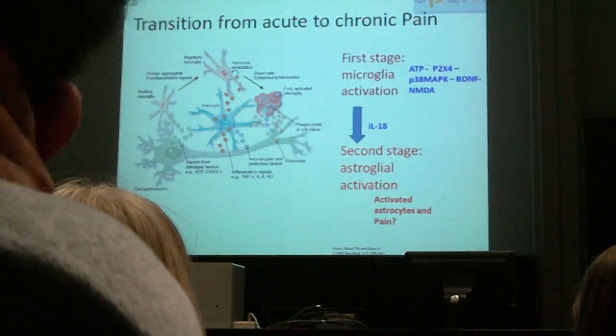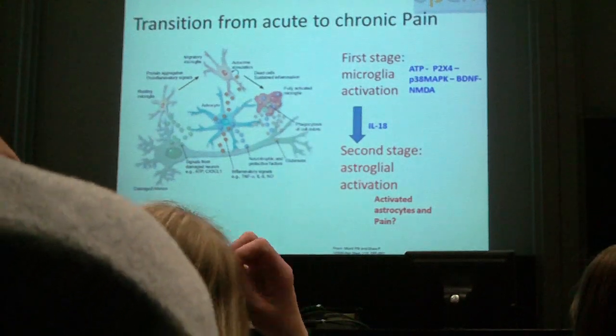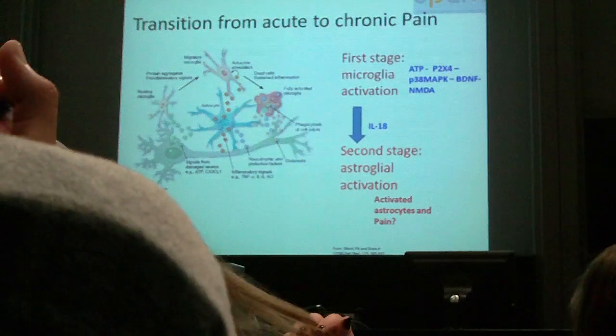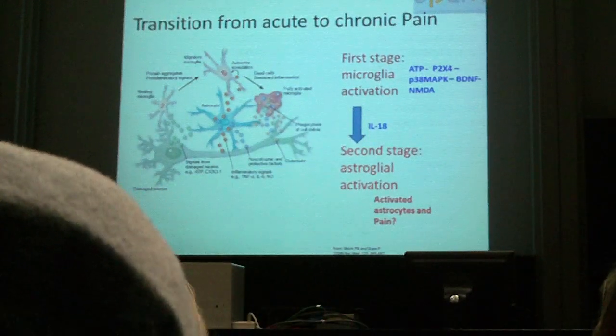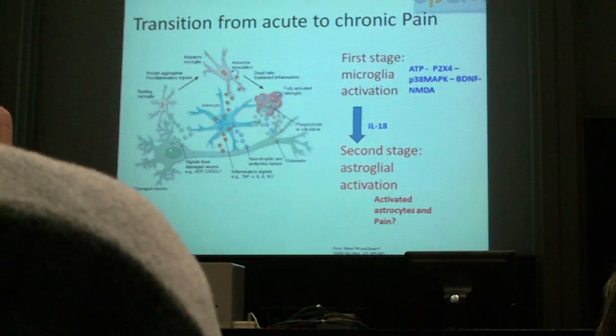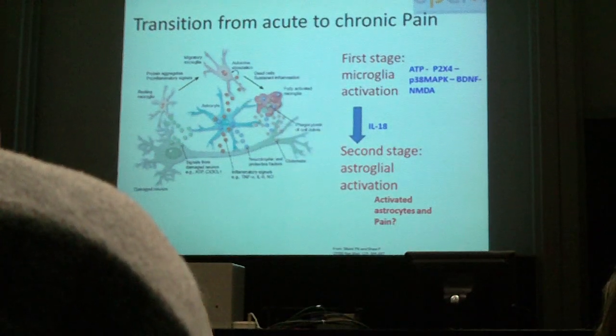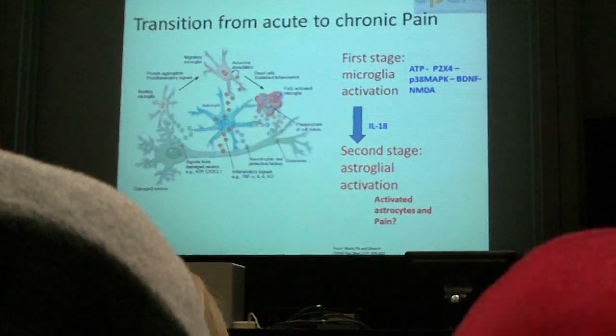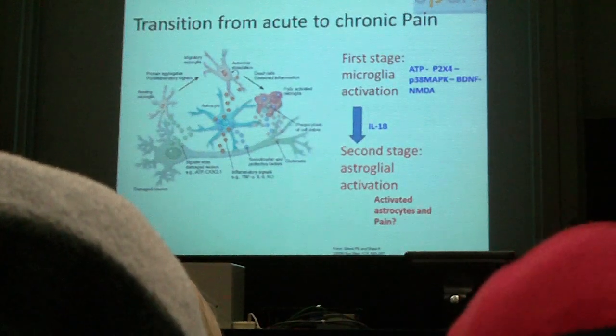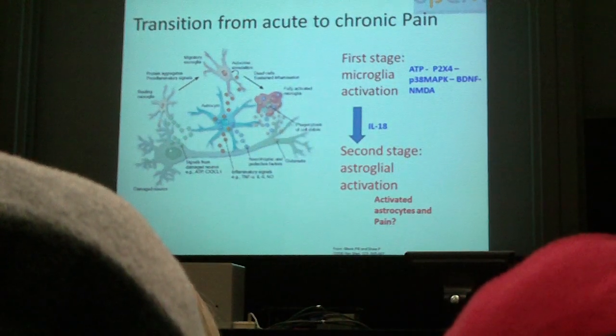The same authors looked at the receptor for the interleukin 18, and they were able to show that this receptor is exclusively present on the astrocytes. And then they blocked this interleukin 18 receptor, and they showed this to have an effect on the behavior.